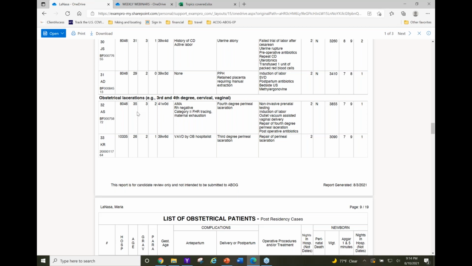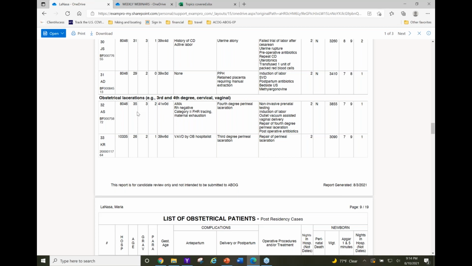What's the difference between a subgaleal hemorrhage and a cephalohematoma? A cephalohematoma is above the dura, and a subgaleal hemorrhage is below it. Okay, so a subgaleal hemorrhage is inside the skull? I believe so.